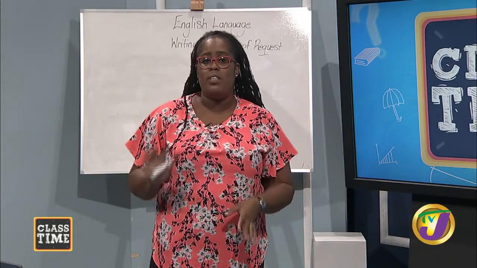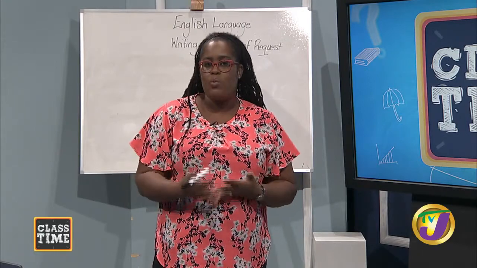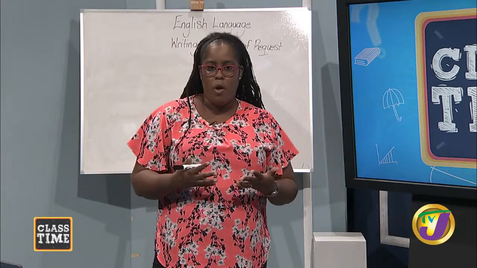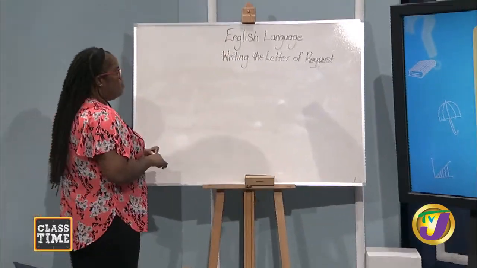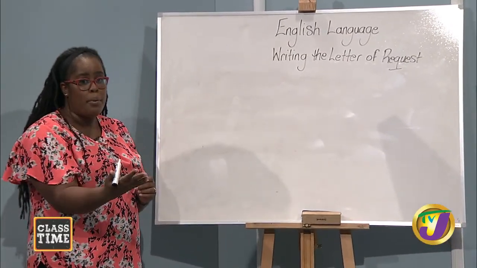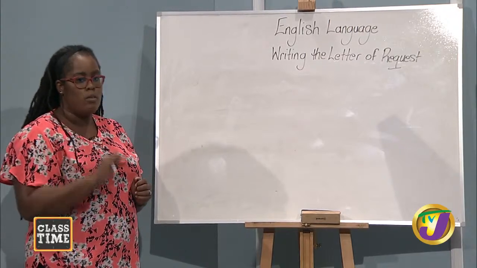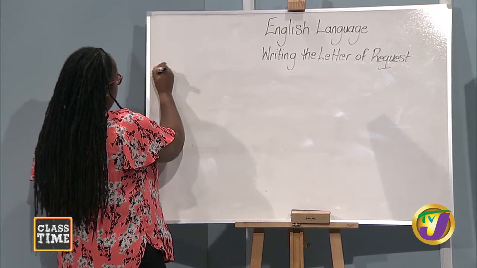If you want to use the semi-block format, that is your choice. But I like using the block format. Now, what is the first thing that I would have? If you remember the sample, it said to.